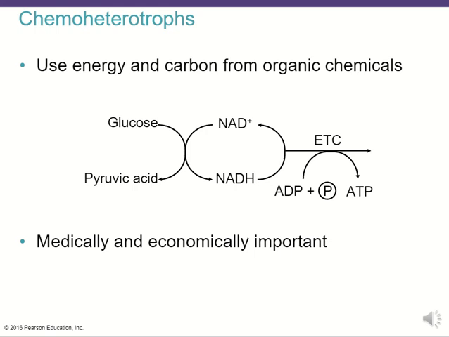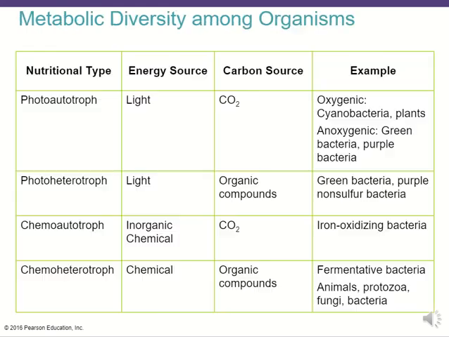In the same process, NAD plus is converted to NADH, which can then be converted back into NAD plus by becoming oxidized, and that released electron goes down the electron transport chain to form ATP. Basically, this is a medically and economically important process because it produces a large amount of ATP for every one glucose.